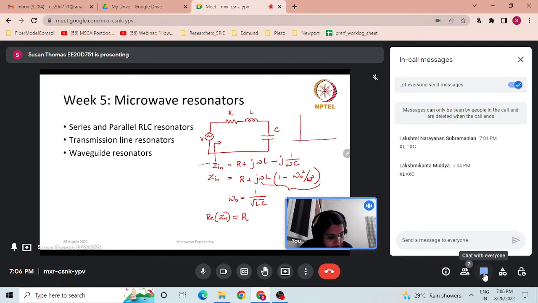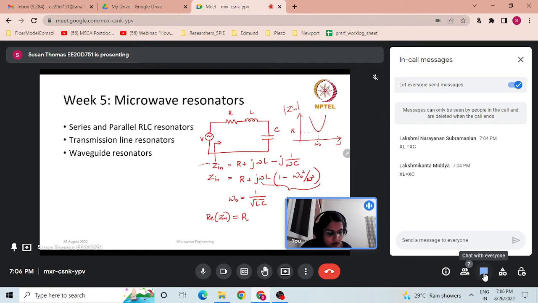If I take the modulus of the input impedance Zin versus omega, you have a graph something like this, wherein you have the minimum input impedance, which is equal to R, and that happens when omega is equal to omega naught.